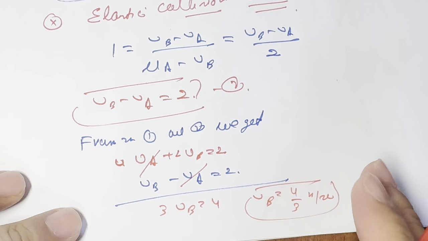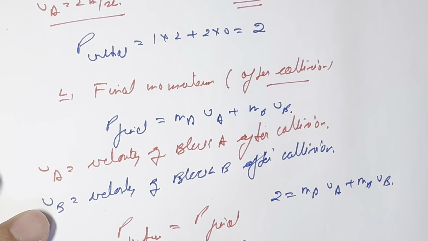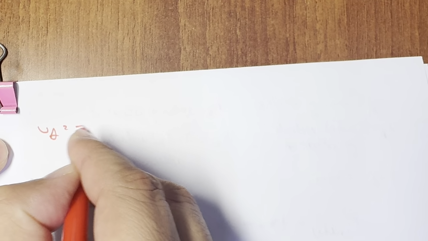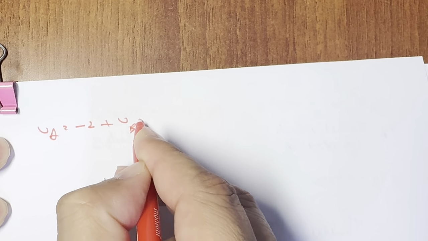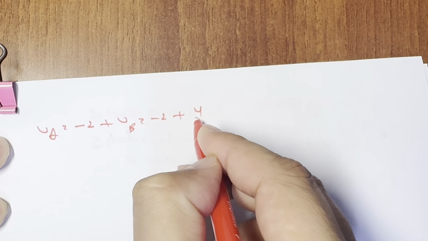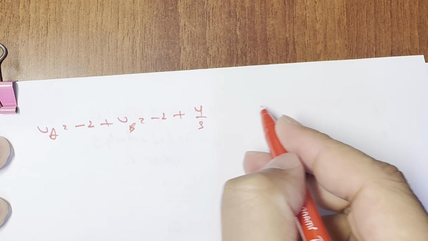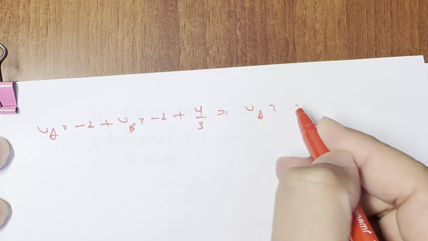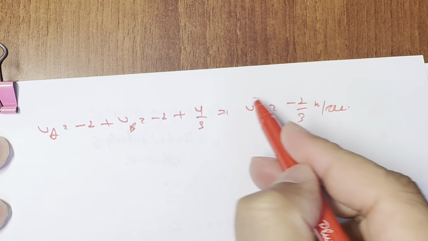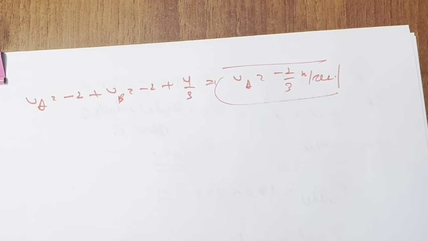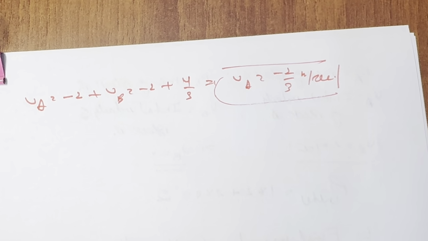So we got VB. Now we can find VA. Therefore VA will be equal to minus 2 plus VB, which is minus 2 plus 4 by 3, and this gives us VA equal to minus 2 by 3 meter per second. So VA will be traveling in the opposite direction to VB.